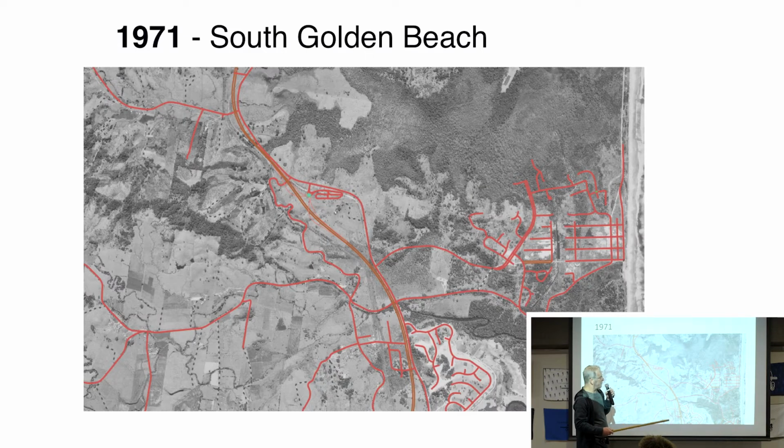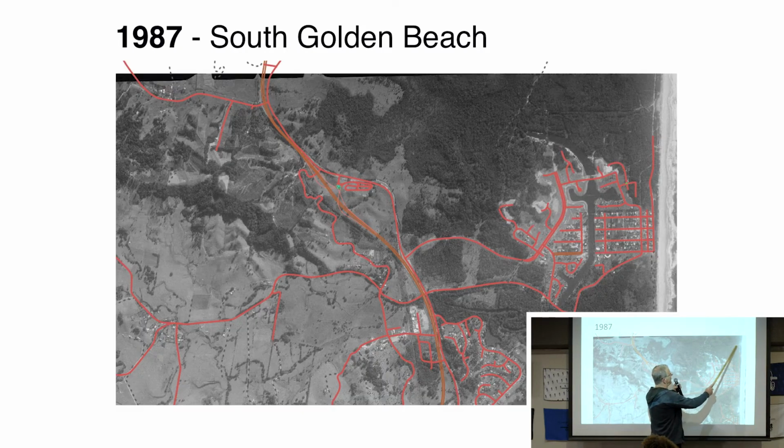71, again, more of the same. But probably the point in 1971, there's a lot of talk about the outflow. It didn't exist at that time in 1971, so it's not a natural feature. Now, unfortunately, there's a big gap in air photos at this point. And the next one's 1987, and you can see the outflow there, which was opened and had been closed in that time.